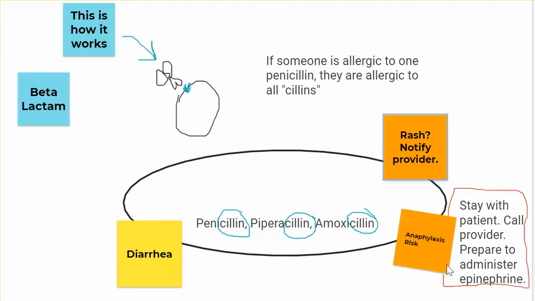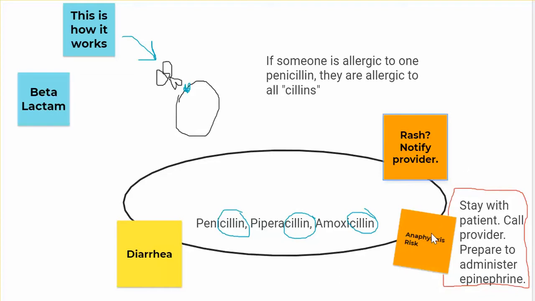If there's anaphylaxis, absolutely stay with the patient and assess the patient, call the provider, prepare to administer epinephrine. See, if we've got an IV antibiotic going and somebody starts getting an allergic reaction, stop the IV, stay with the patient, assess the patient, call the provider.